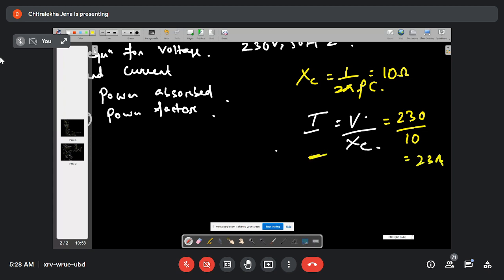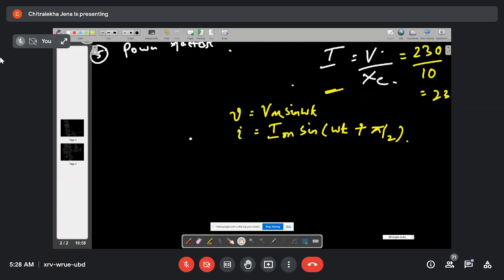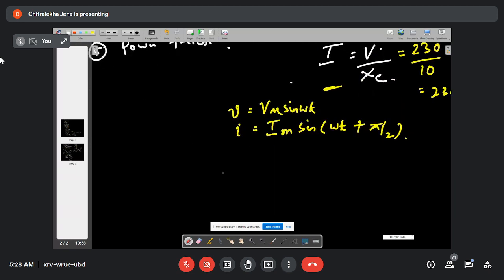Next, what will you find? The equation for voltage and current. V is equal to Vm sin omega t. What is your current equation? Im sin omega t plus pi by 2. Very good. Vm is equal to root 2 into 230, Im is equal to root 2 into 23.